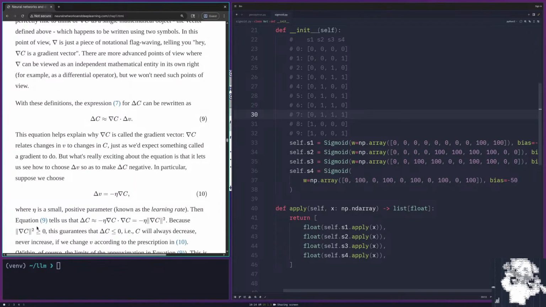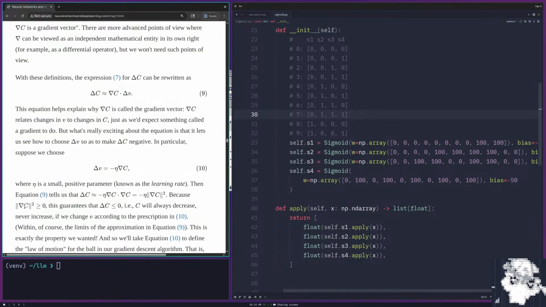Then equation 9 tells us that delta C is approximately equal to negative eta times grad of C dot product grad of C, which is equal to negative eta times the absolute value of grad of C squared, or length of grad of C squared.